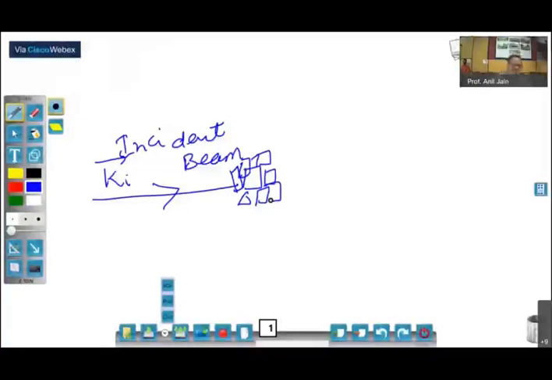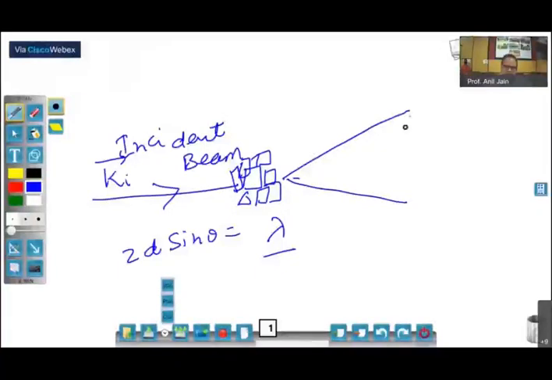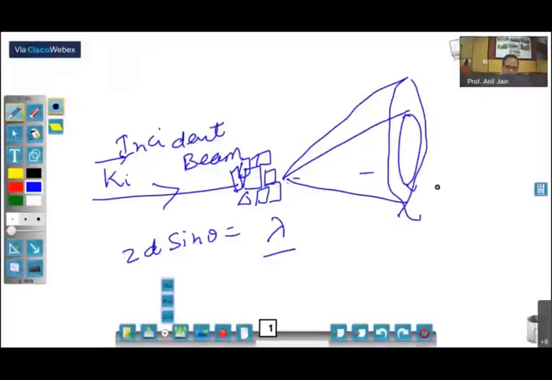All these crystallites for which the d value can satisfy Bragg's law, 2d sine theta equal to lambda, with lambda fixed, contribute. So depending on the d values present in your material, you will find these Debye-Scherrer cones.